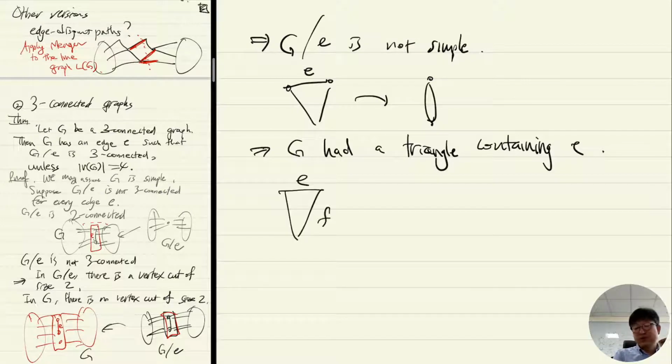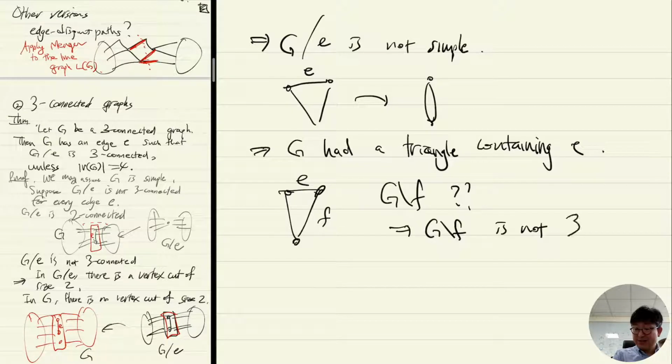So I choose an F like this. Let's say F is another edge in the triangle. Now let's try to delete F. G delete F is simple. So G delete F is not three-connected by the assumption, because there's no edge which gives you a simple three-connected graph by deletion.